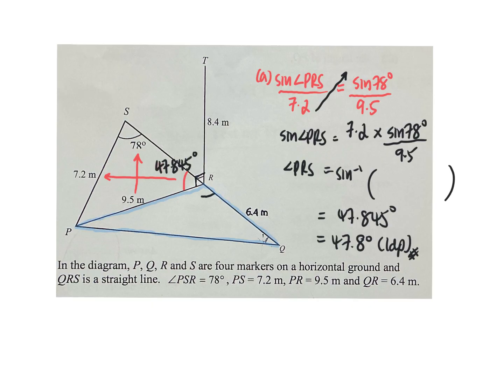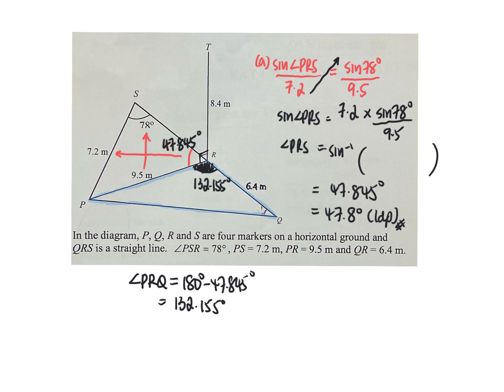In order to find this triangle, I need this angle. So I'm going to find PRQ first. So 180 minus 47.845, you will get 132.155. So knowing this angle, you can use the area of triangle formula already.